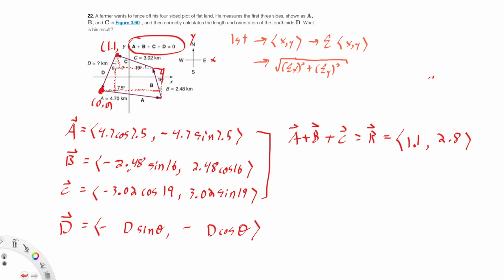All right, so this is our R, and given our original statement that if we sum up all four of these vectors, we should get 0, now we can say R plus D should equal 0.